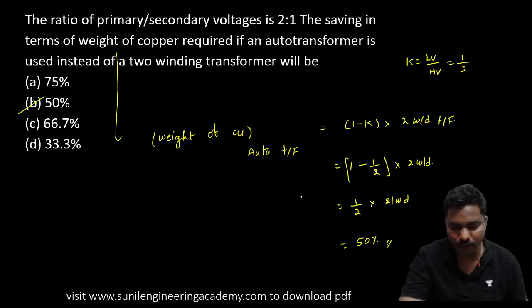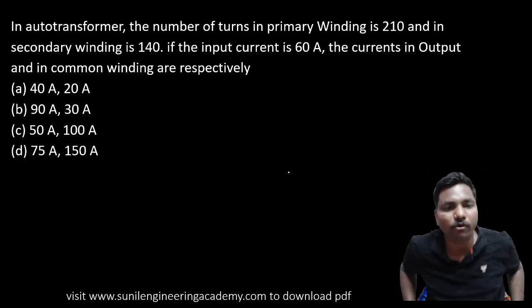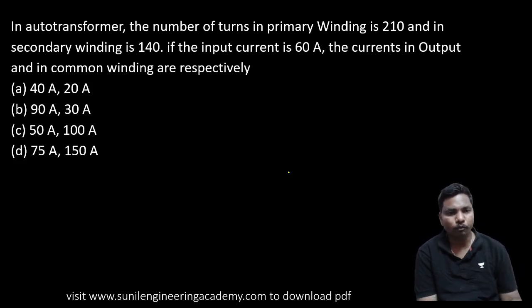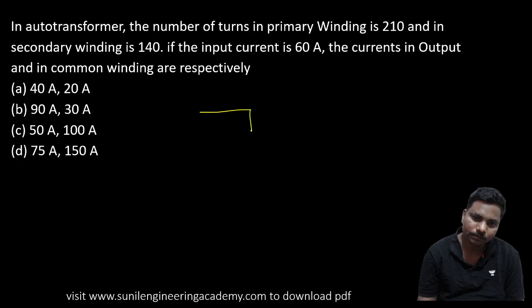Coming to the next question, guys. In an auto transformer, the number of turns in the primary winding is 210 and in the secondary winding is 140. If the input current is 60 amps, the currents in the output and common winding are dash. So let us take the auto transformer. It has only one winding.